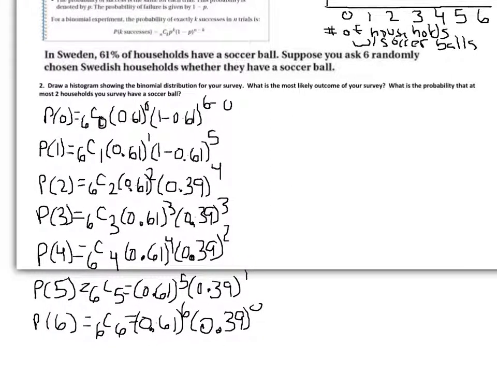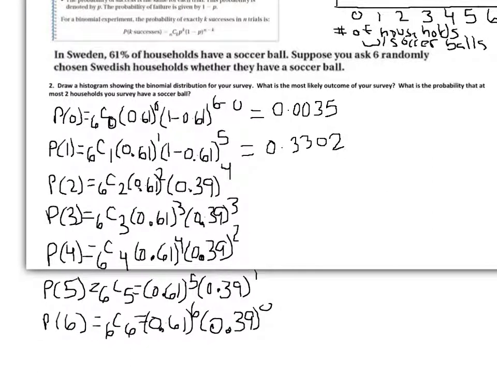So let's make sure we calculate the first one here. You should get 0.0035. For the second one, you should get 0.0302. For the third one, we would get 0.06595.